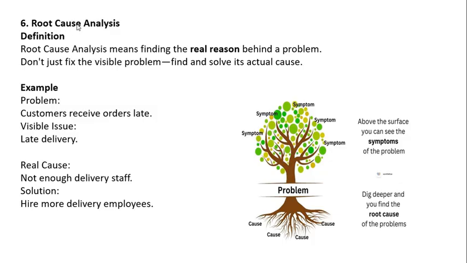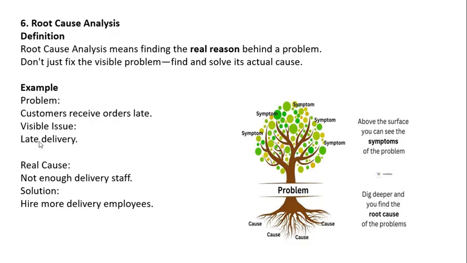And sixth is root cause analysis. Root cause analysis means finding the real reasons behind the problem. Do not just fix visible problems, find and solve the actual causes. An example problem: in customer service, orders are late.